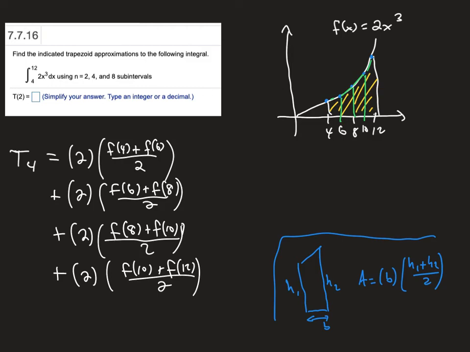Notice that there's some redundant information in there. I get to use the f of 6 more than once and the f of 8 more than once. And so it's not crazy when you draw this picture to just label these dots, and that will make your life a little easier. So, oops, not 2.